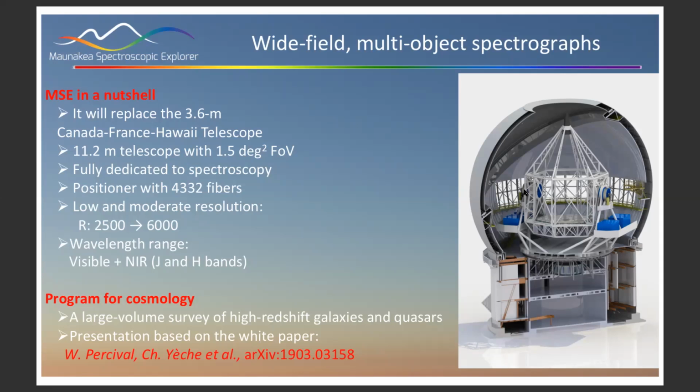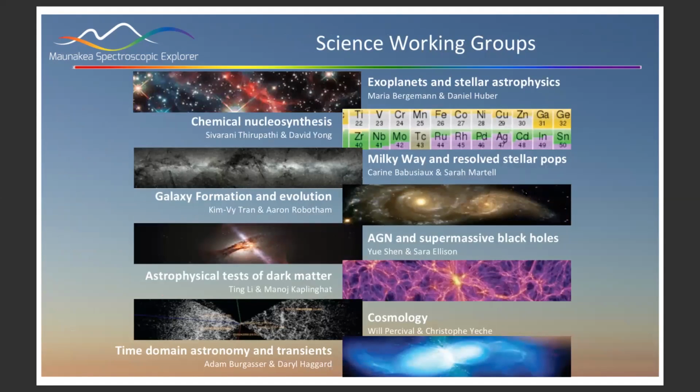And what we are proposing for the cosmology with Will Percival is a large volume survey of high redshift galaxies and quasars. And we have proposed and presented a white paper. What I'm going to present is really related to what is written in this white paper. In MSE, you have different domains of science.